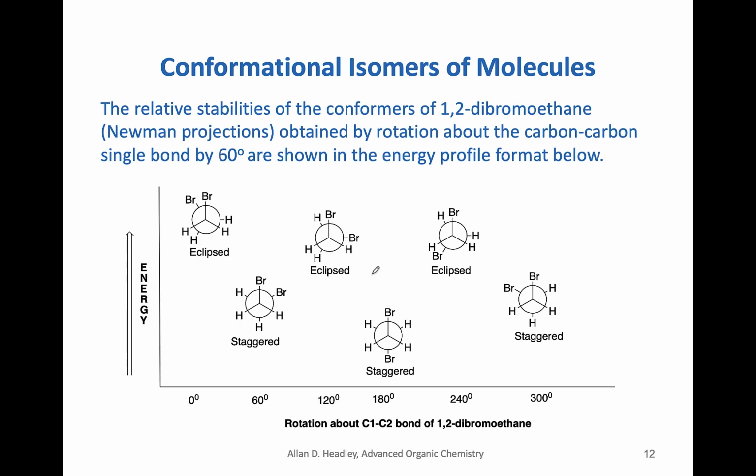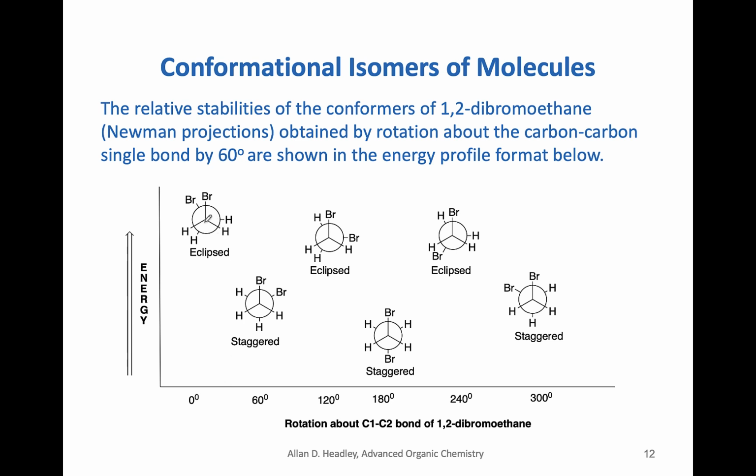Okay, let's look at the relative energies. As we said, two bromines or two groups being close together is high in energy. As you can see from this energy profile diagram here, here's energy in this direction. So what's in the high region here is high in energy. What's down in this region is pretty stable, or relatively stable.